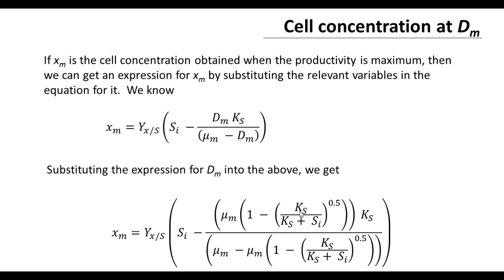So 1 minus Ks by Ks plus Si to the power of 0.5 into mu m. That is what we've seen, and that is what has been substituted here for Dm. So this is Yxs, Si minus Dm times Ks by mu m minus the same Dm here. So this is the expression for the maximum cell concentration.